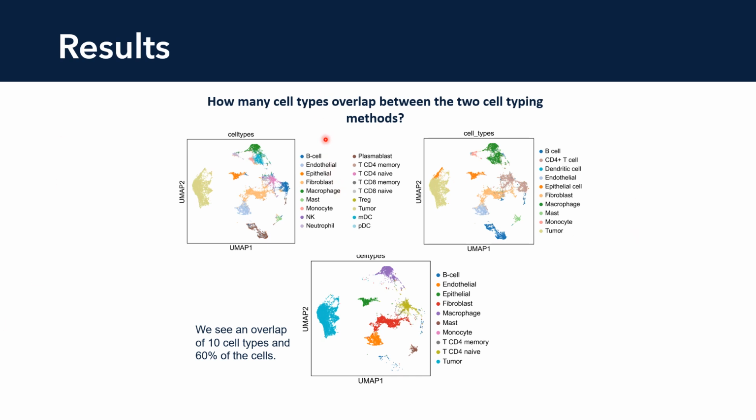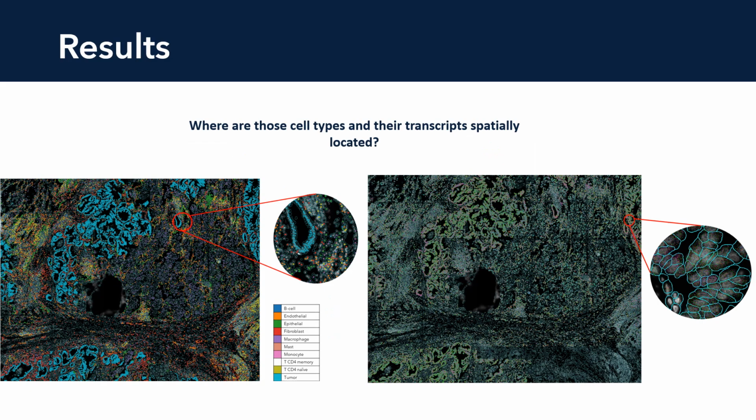As a result, in this image we have the cell type identification from the NanoString company. In this image, we have the cluster-based cell type identification, and here we can see the overlap. So how many cell types overlap between the two cell typing methods? We see that 10 different cell types overlap, which is around 60% of the cells.